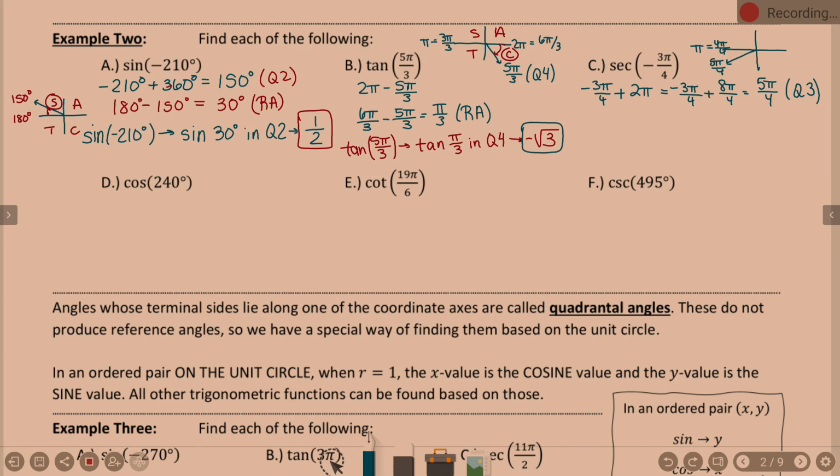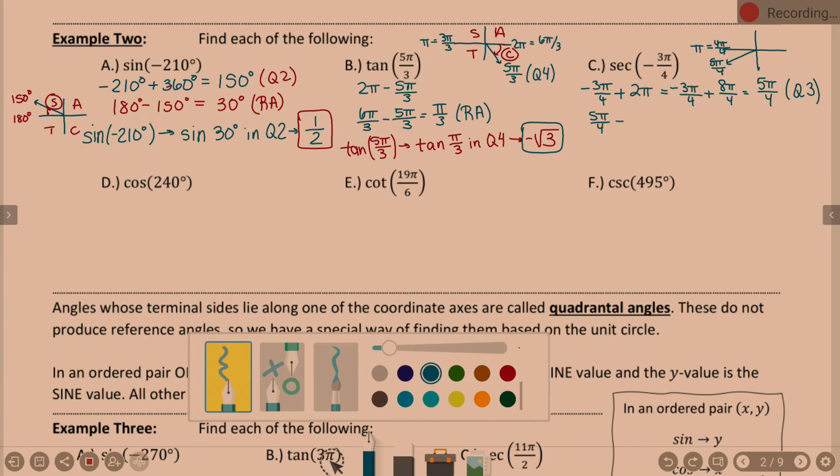In order to find that reference angle, how are we going to find the reference angle? 5 pi over 4 minus 1 pi. Okay. I want to know how far apart these are. So I'm subtracting 5 pi over 4 and 4 pi over 4.